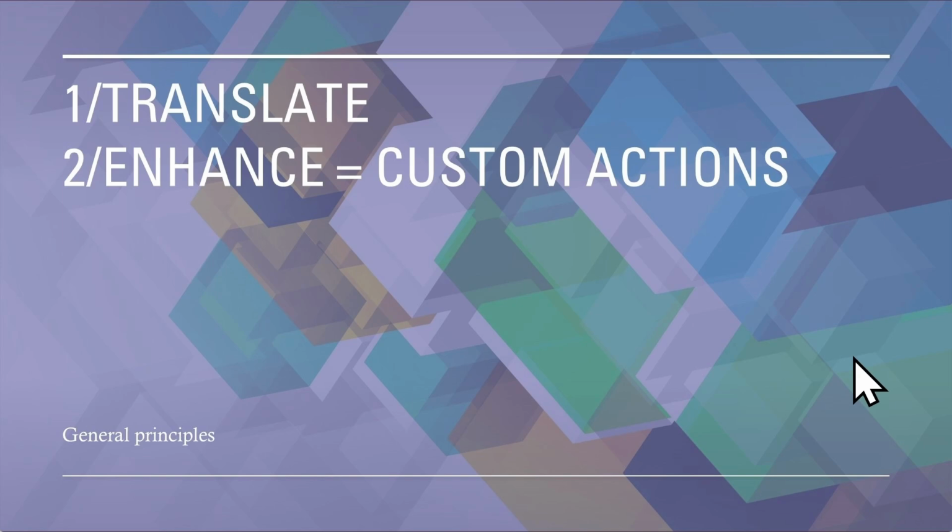But enhance, that's the new thing, and we will spend some time explaining that today. It will enable you to perform custom actions on your target segment, so the target language. We will be able to use AI to do specific actions that make our work maybe a little bit simpler.